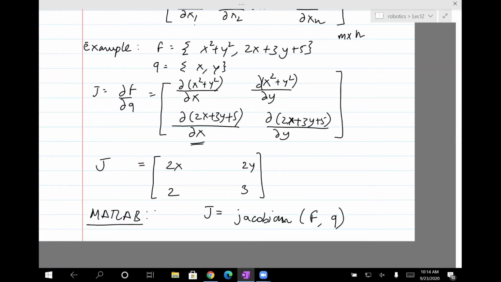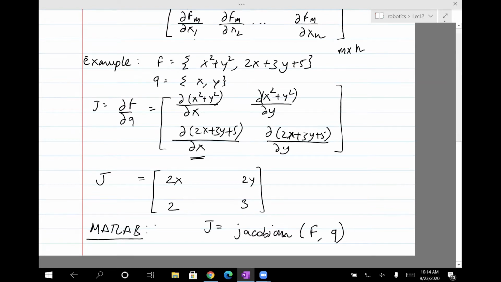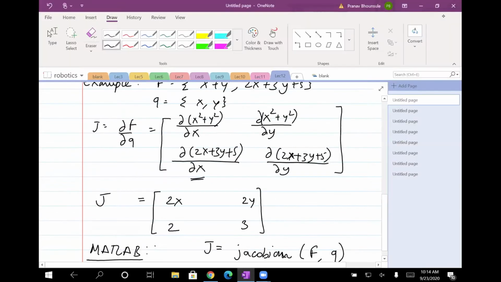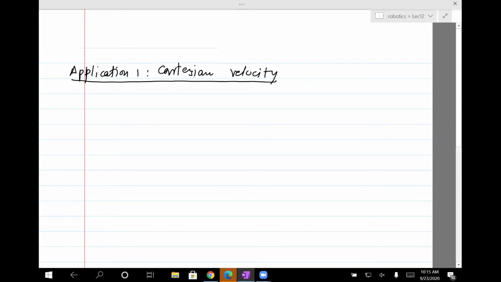Okay, so let's see how to apply this formula of the Jacobian in doing a few things. So one of the applications of the Jacobian is going to be finding the velocity of points. By points, I mean, if you want to find the velocity of the center of mass of a manipulator. So a little bit of theory, and then I'll show you how to apply this to find the velocity of the two-link manipulator we talked about.